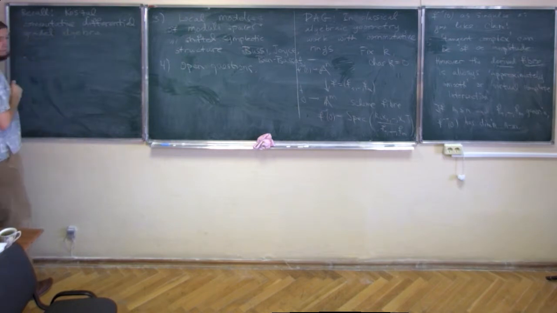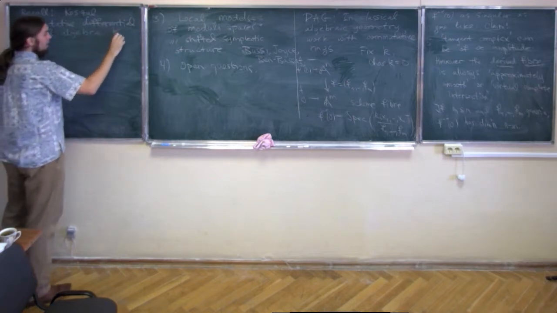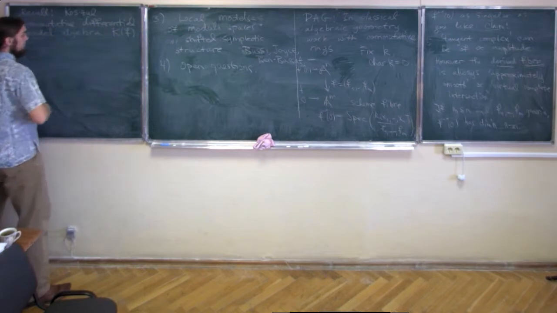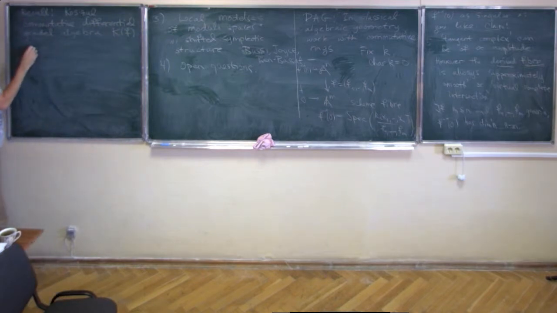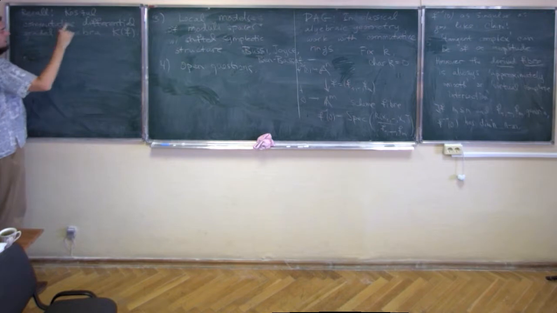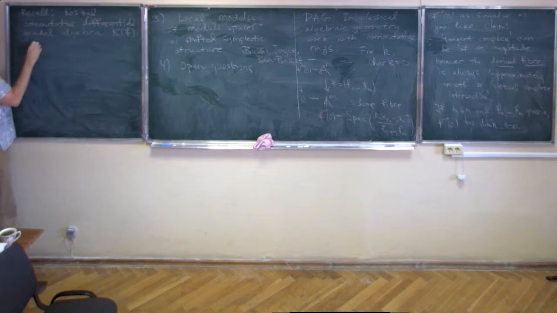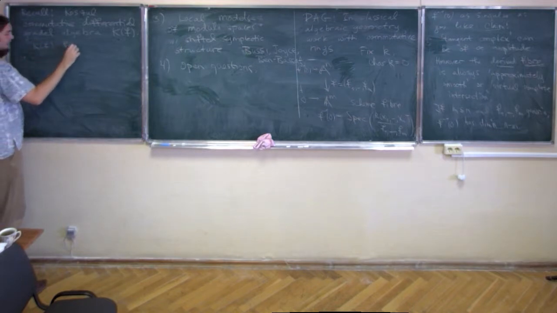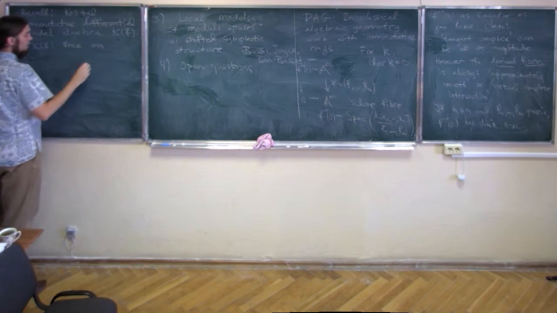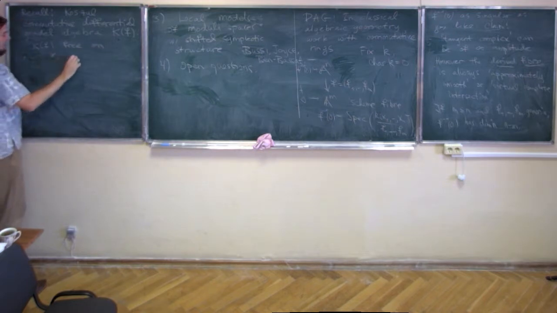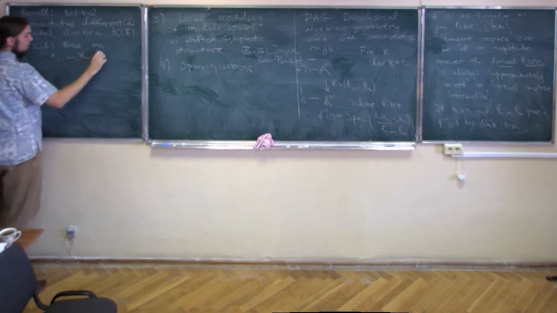So what is this thing? We call it K_F. So it's going to be a graded commutative algebra. It's going to be free on generators x1 through xn of degree 0.